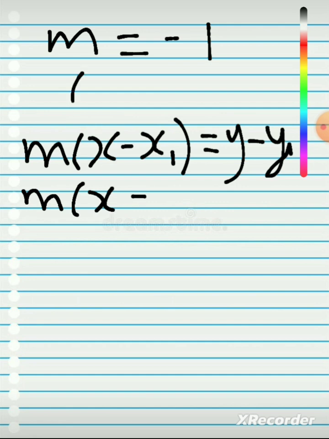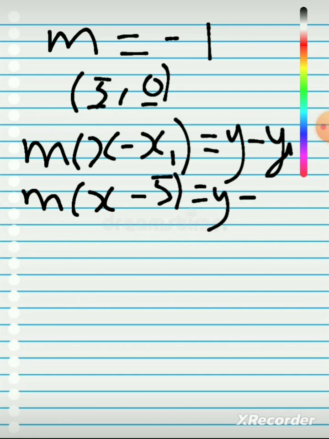We remember we picked 5, 0, right? 5, 0. So this is x1, so you put it here, and y1 is 0, you put it here. Our m is negative 1, don't forget.